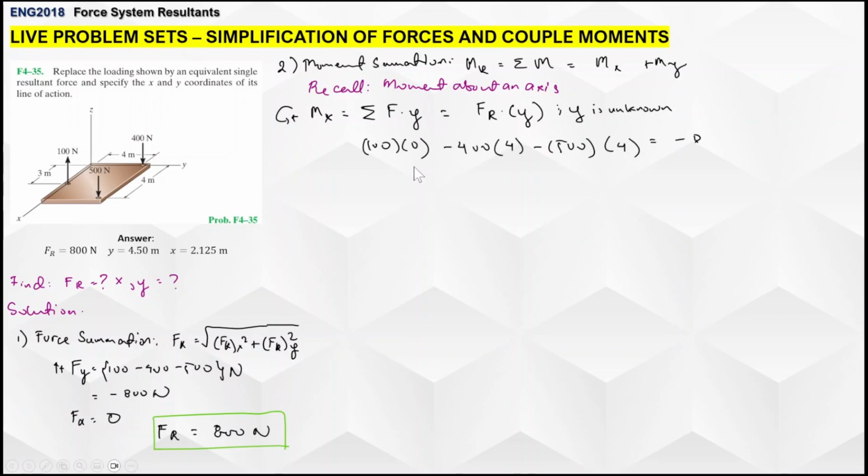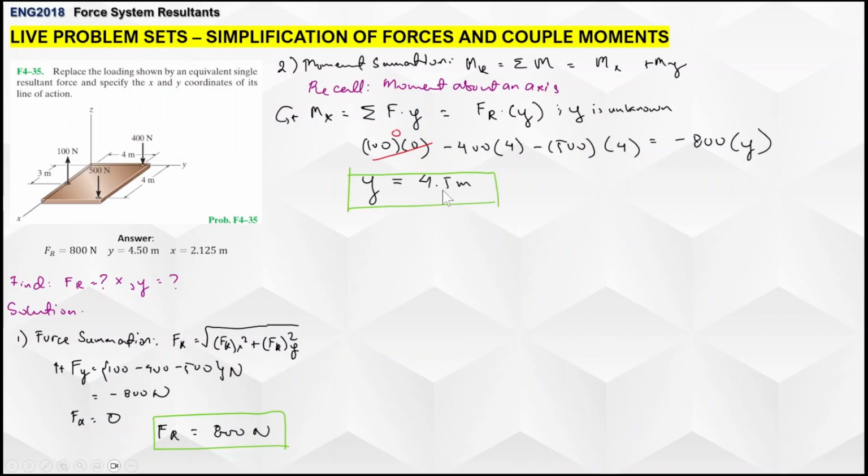In this case, 100 here is acting along the axis of rotation, so that's 0, there's no moment. Here we have 400 newtons rotating clockwise, so that's negative 400 times the perpendicular distance of 4. We have another one, 500, rotating about the x-axis, also clockwise: minus 500 times 4 equals negative 800 times y, and y here is the unknown. All we have to do now is solve algebraically. Y here should be 4.5 meters.